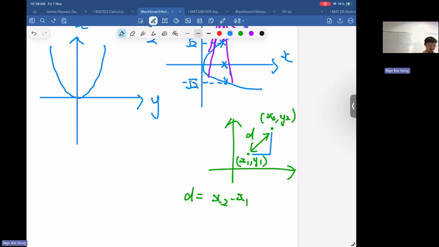Note that the height of this triangle is like x2 minus x1. You take the larger one minus the smaller one. If you decide to take the smaller one minus the larger one, is it okay or not? Maybe you get negative, but one way to get around this is to put absolute values.